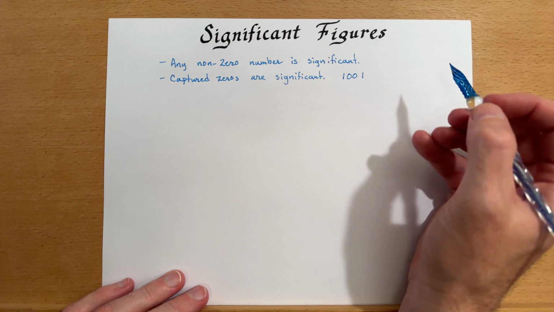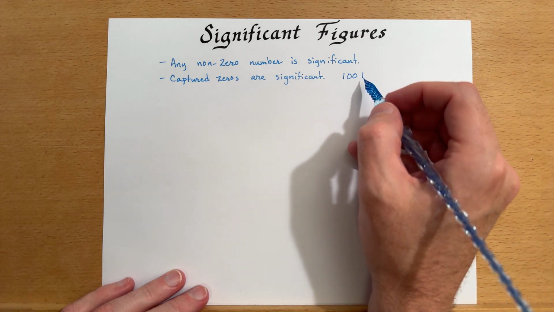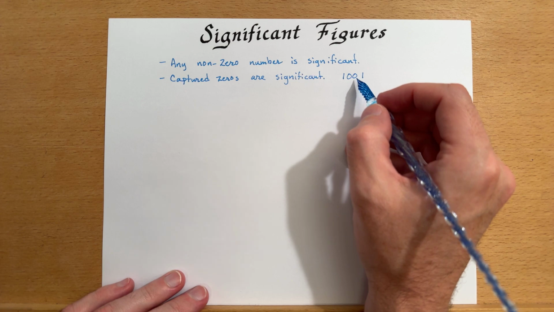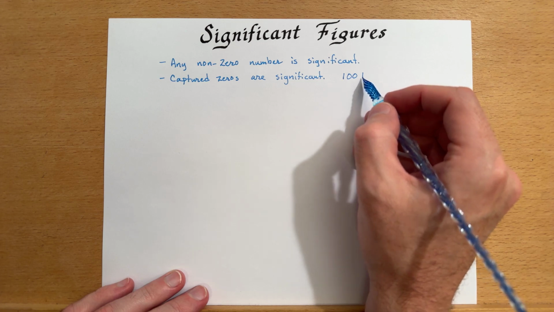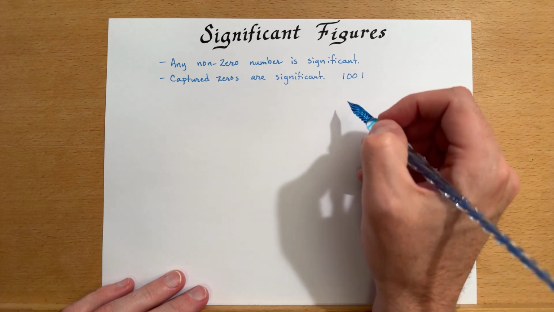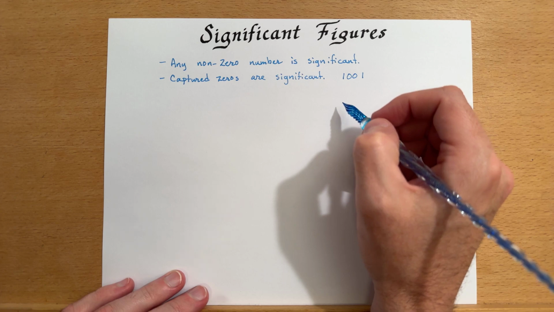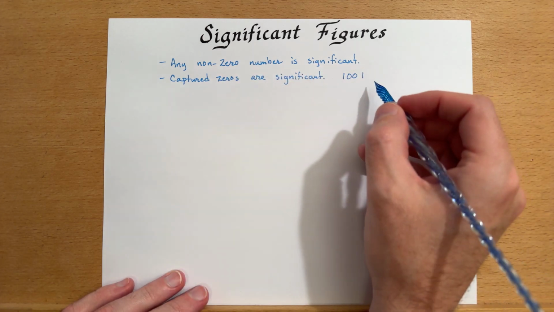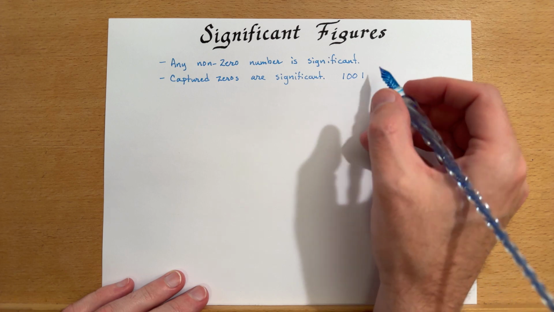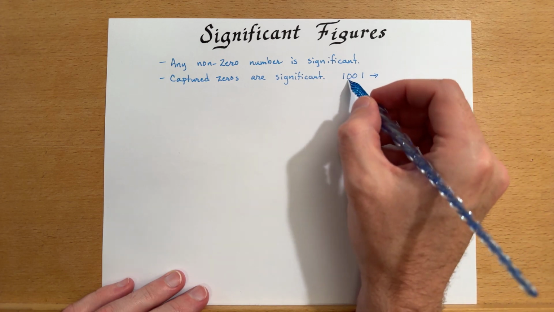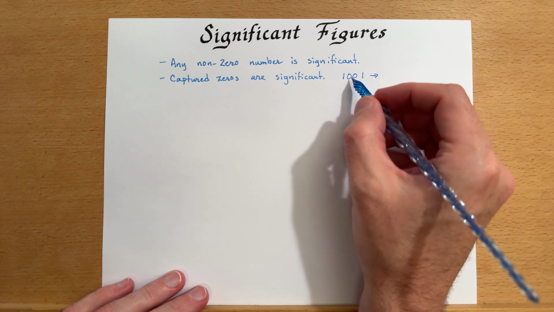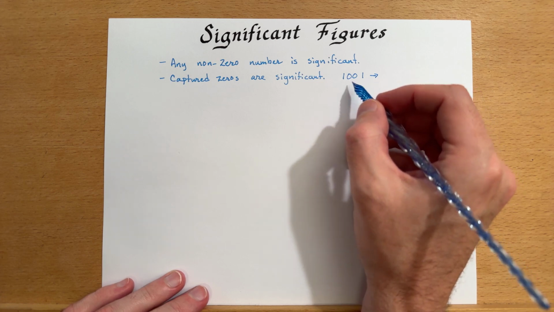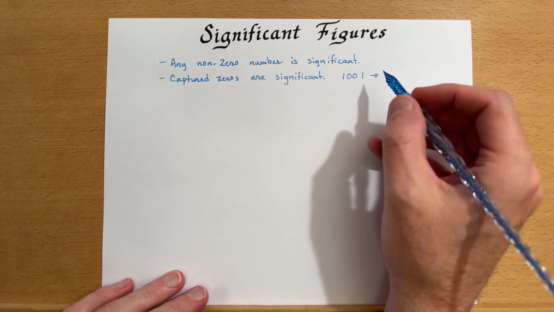For example, in the number 1001, there are two zeros in the middle of the number. They're surrounded by non-zero digits. Therefore, they are significant. So this would have 4 significant figures, because there are 4 digits here that are either non-zero or the zeros are in the middle of significant digits.